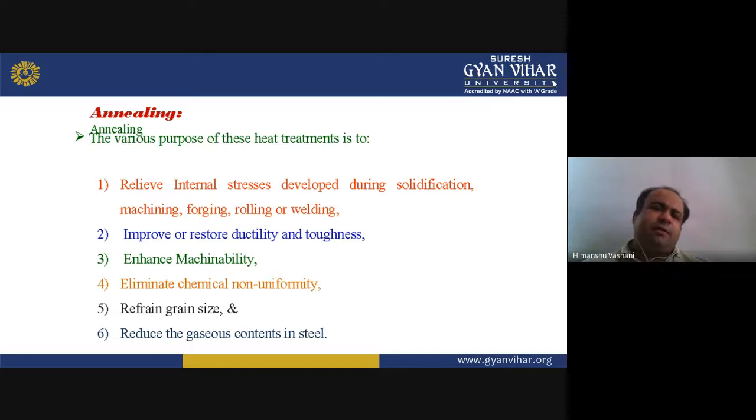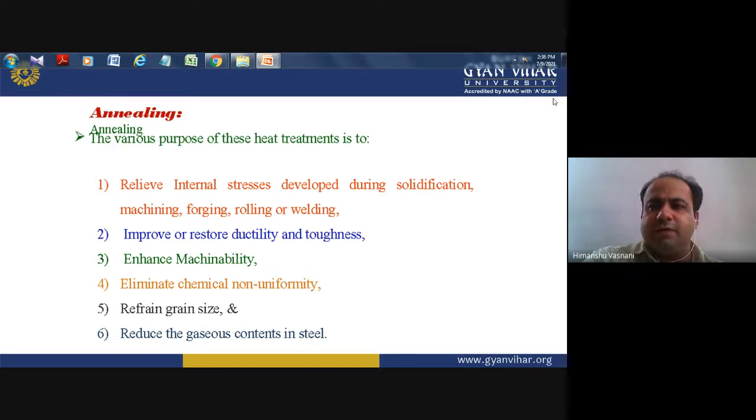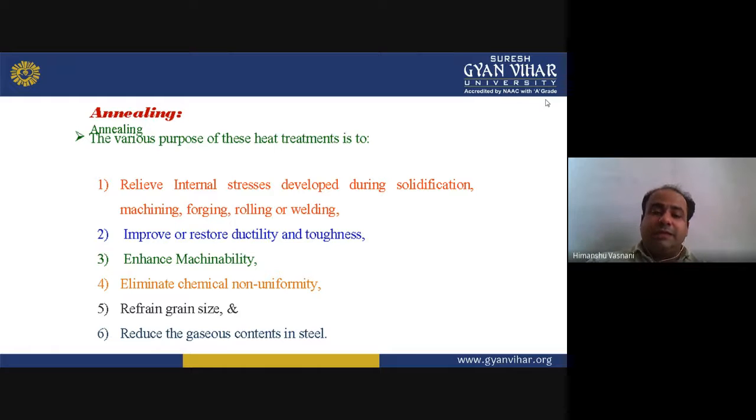So annealing tries to release those stresses and makes the workpiece easily machinable, and hence enhances the machinability of the workpiece. Then it eliminates chemical non-uniformities, refines grain size and reduces the gaseous contents in steel.